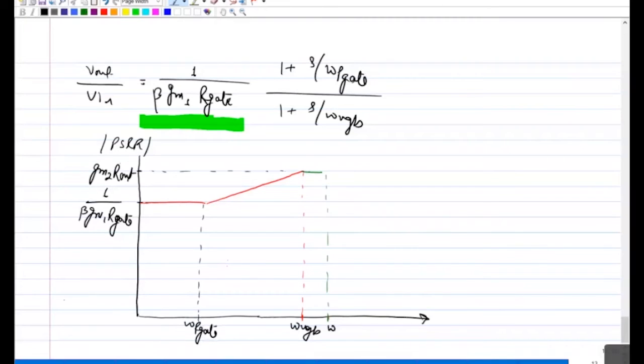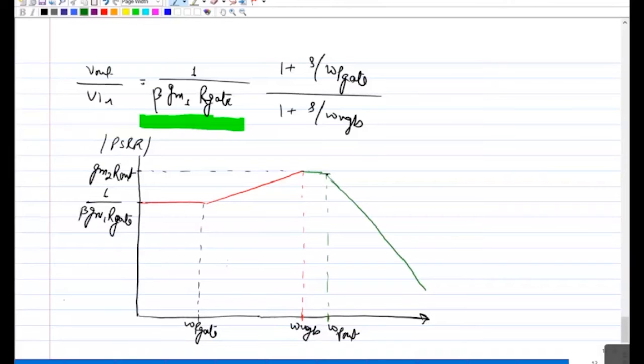This was your omega P out. So it will remain flat, and after that you hit the output pole, it will start to drop. So if you look, this response in terms of shape is quite similar to your output impedance.